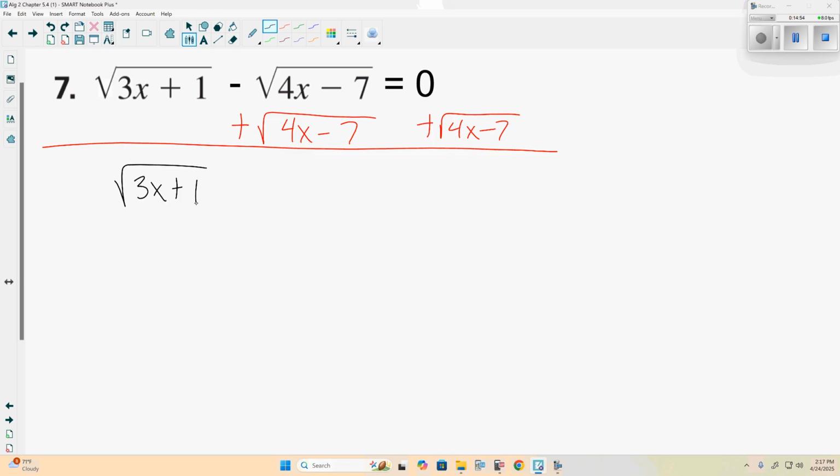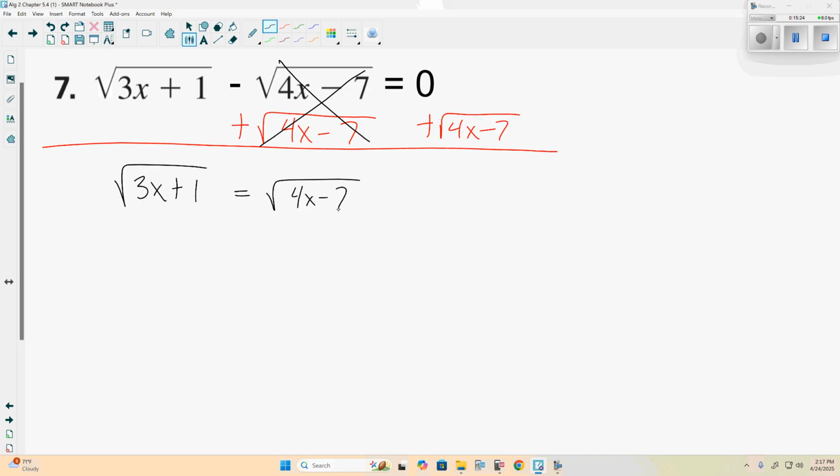Because negative square root of 4x minus 7 plus the square root of 4x minus 7 would be 0, telling us that the square root of 3x plus 1 equals the square root of 4x minus 7. If one of the two radicals is negative or is being subtracted, add it to the other side. Because it'd be nice if both of those radicals are positive.